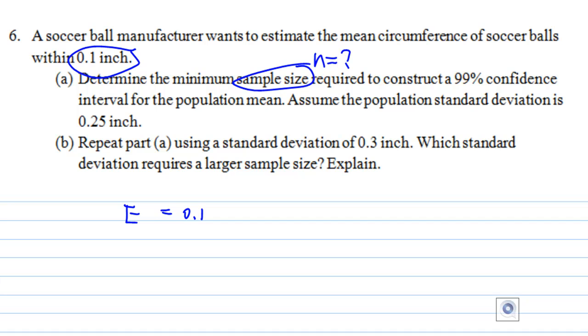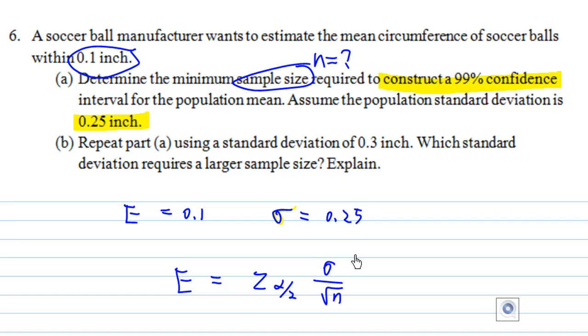And we are 99% confident that the population mean will fall inside the interval, assuming that the standard deviation is 0.25. Sigma is equal to 0.25, and we know the formula for error is Z alpha over 2 sigma over square root n. Now, what is Z alpha over 2?